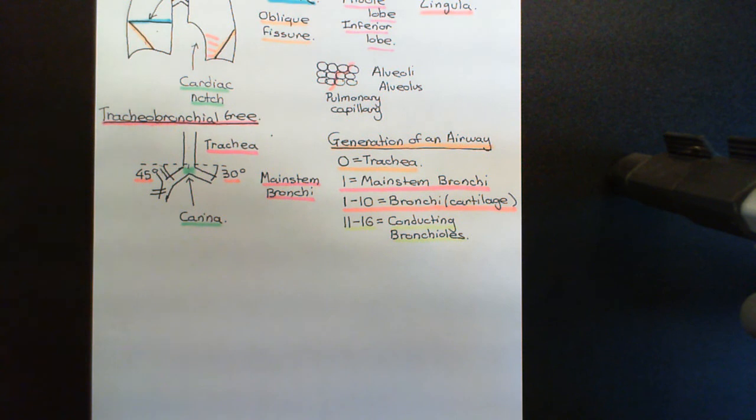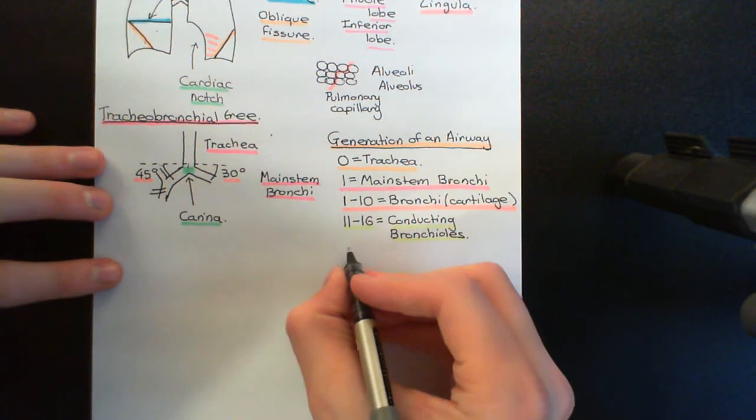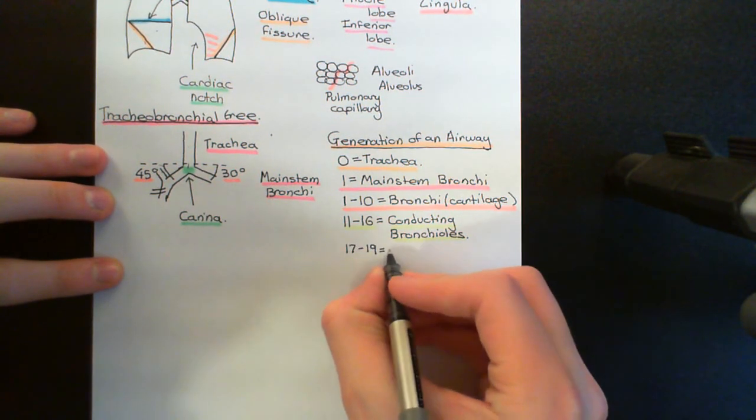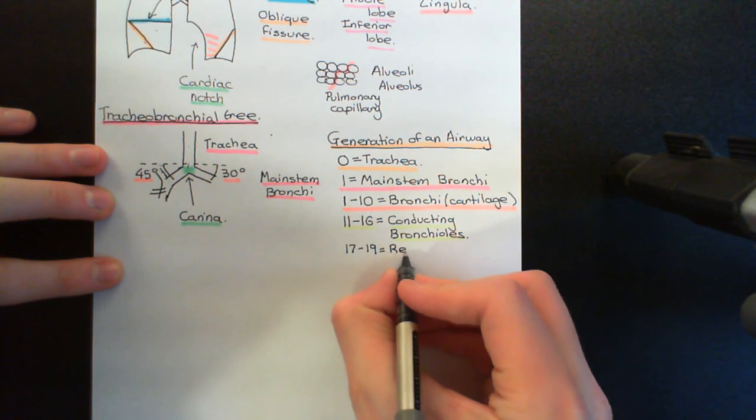And let me just remind you what is meant by the generation. This is just telling you effectively how small the airway has got, because it's telling you how many times you have split since the trachea to get to this airway. Okay, so next we have generation 17 to generation 19. These are now called respiratory bronchioles.